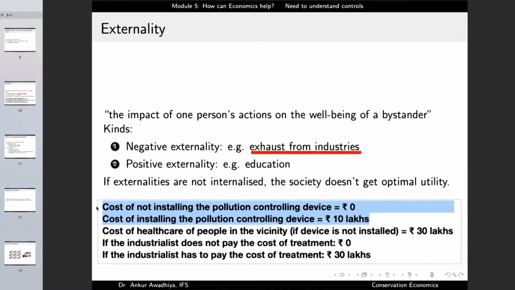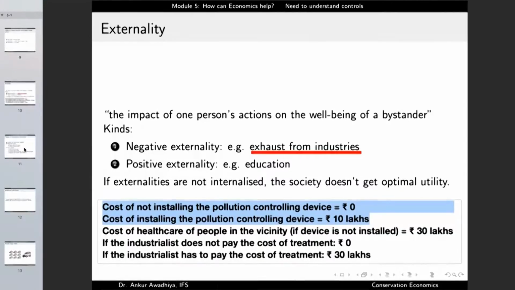So if the externalities are not internalized, the two options are whether to pay 0 rupees or 10 lakhs of rupees. And of course, a rational industrialist would prefer not to pay any amount. He would prefer to pay 0 rupees and he would not install the pollution controlling device. So, internalizing of the externalities is a very powerful concept to help people make the right decisions.